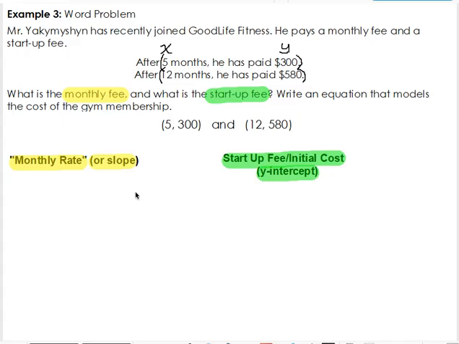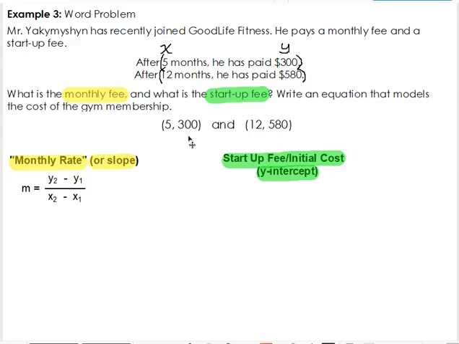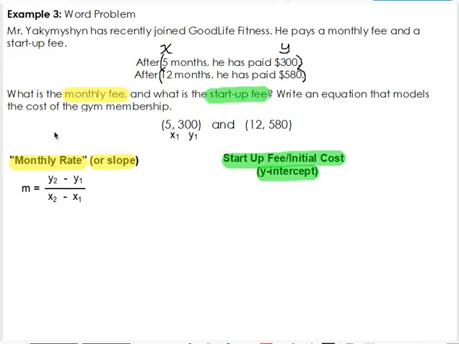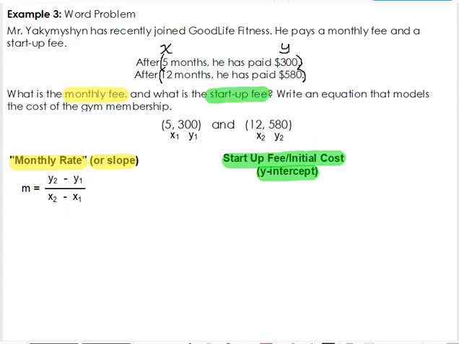In order to solve for the monthly rate, or perhaps the slope, we're going to have to calculate the slope between two coordinates. We're going to use the formula m equals y2 minus y1 divided by x2 minus x1. We're going to label the first coordinate as x1, y1, and the second coordinate as x2, y2.